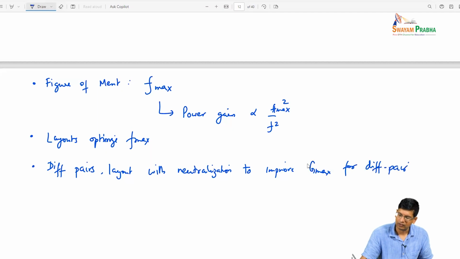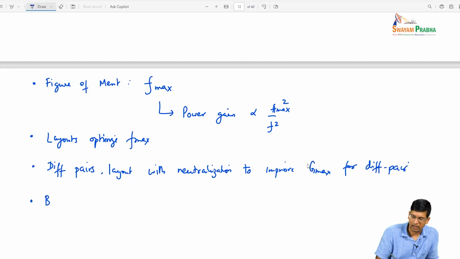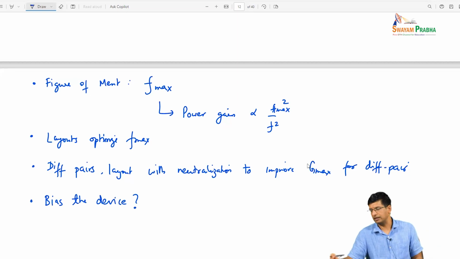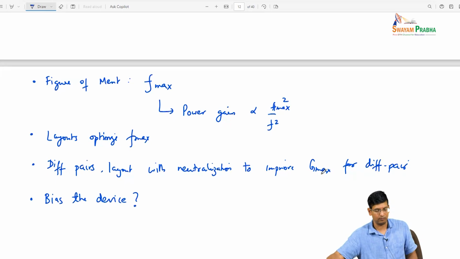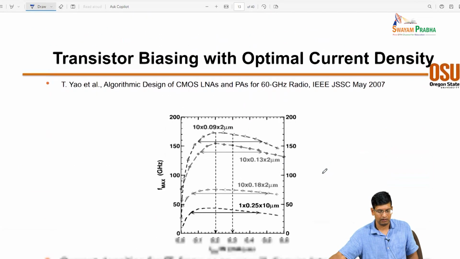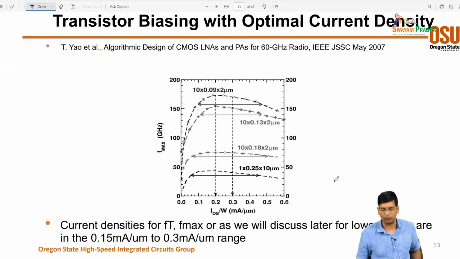Right? So now the question is, how do we bias the device? And here, fortunately, there's a somewhat reasonable way of doing this, which is that instead of thinking in terms of bias voltage, if we think in terms of bias current density, we are able to evolve a very systematic approach.